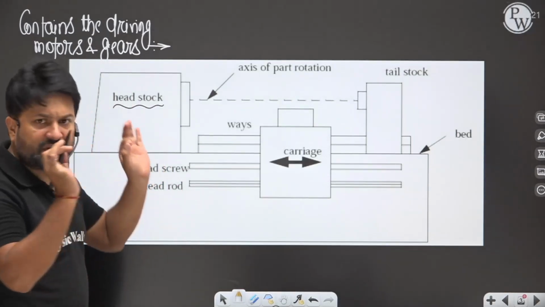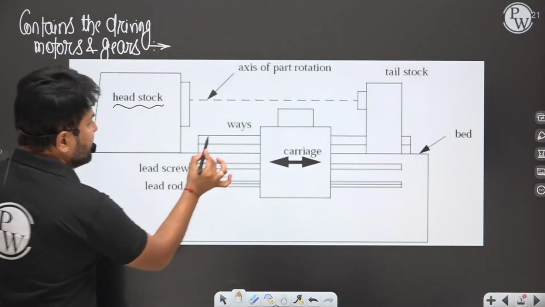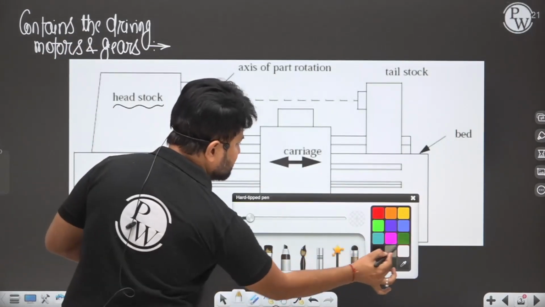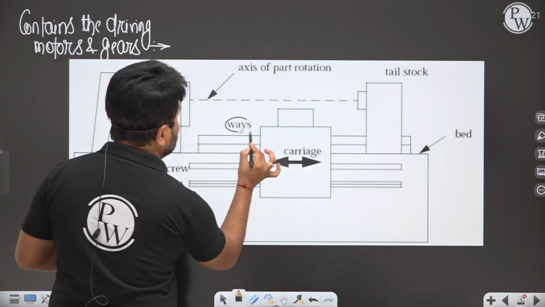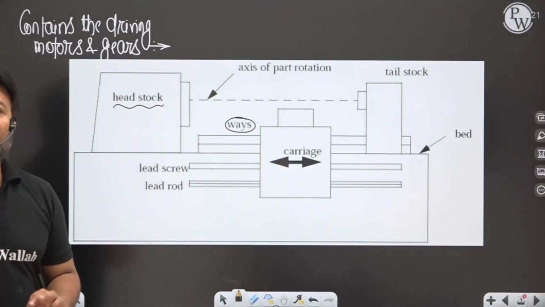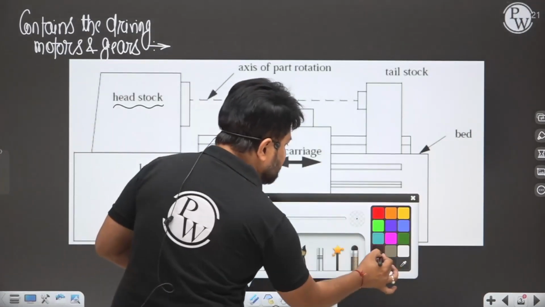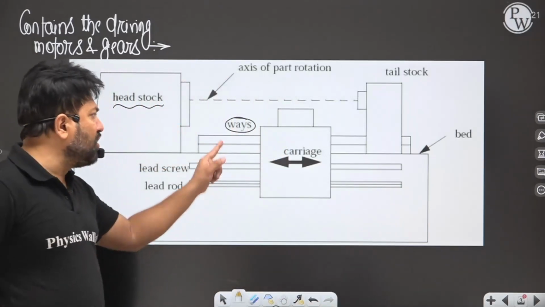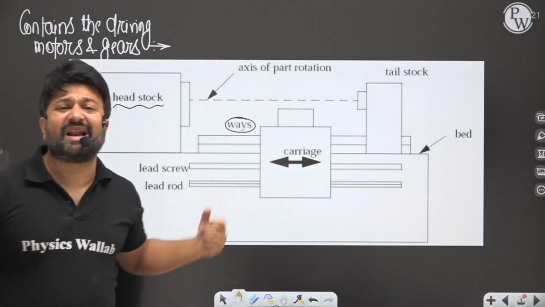Okay. Now, the next component is the ways. What are ways? Along the ways, the carriage will slide.